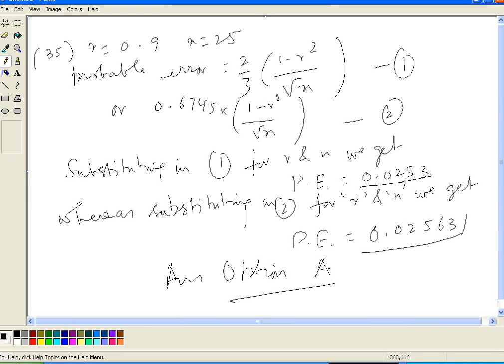For probable error, there are two formulas: 2 by 3 into (1 minus r squared) by root n, and another one, 0.6745 into (1 minus r squared) by root n. If we use the first formula, we get probable error as 0.0253, whereas if we use the second formula, we get the value as 0.025631, exactly as option A. So the answer is option A.